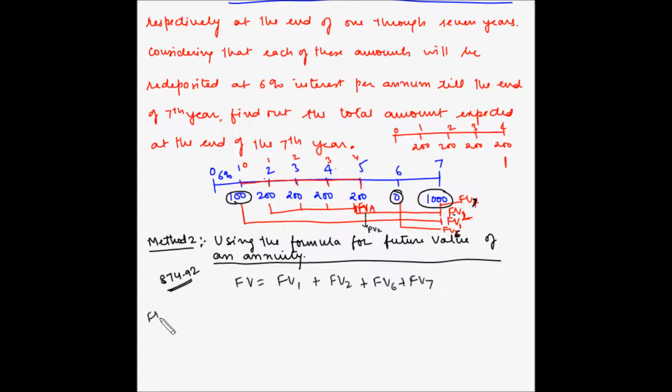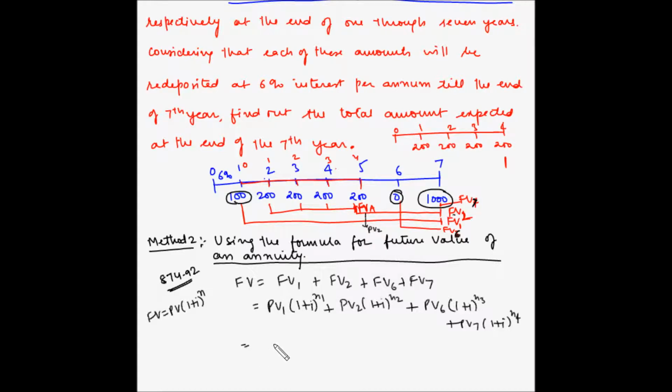Now we know that future value is equal to present value into 1 plus I to the power n. So FV1 will become PV1 into 1 plus I to the power n1 plus PV2 into 1 plus I to the power n2 plus PV6 into bracket 1 plus I to the power n3 plus PV7 into 1 plus I to the power n4.